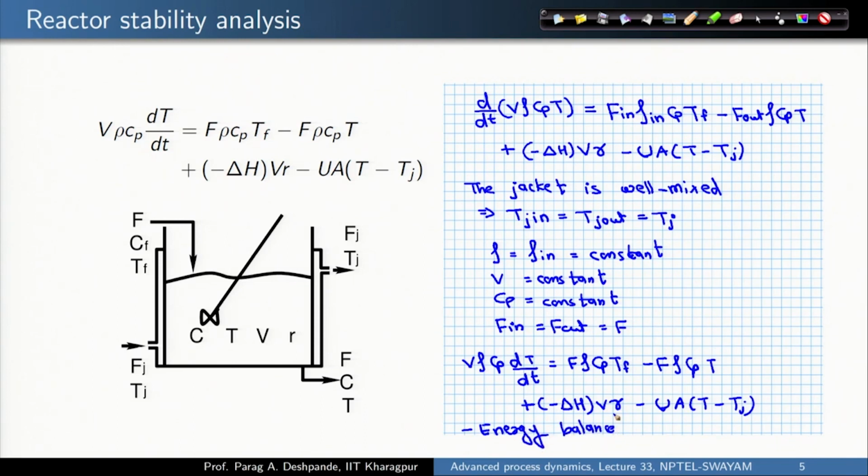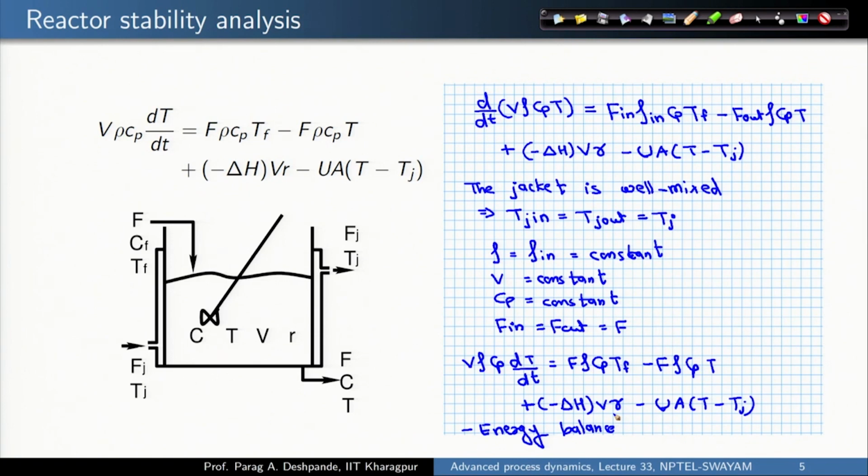Now, certain observations rather, you have minus UA (T minus T j). This basically means that you have the flow of heat from the system, from the reaction mixture to the jacket fluid.